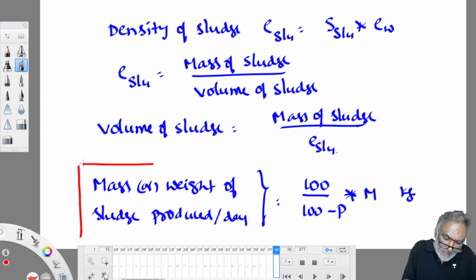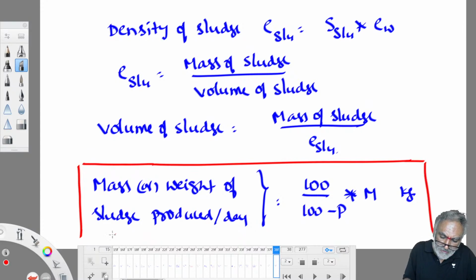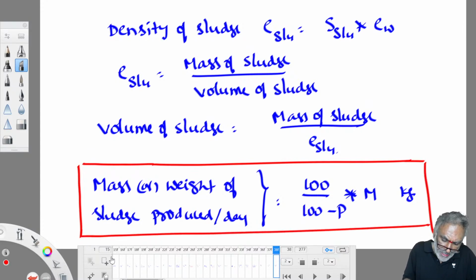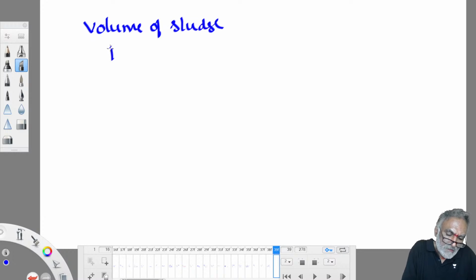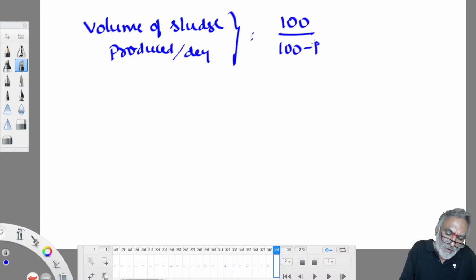And volume of sludge produced is equal to the mass of sludge produced per day by density of sludge. Therefore it is 100 by (100 minus P) into M by rho sludge.